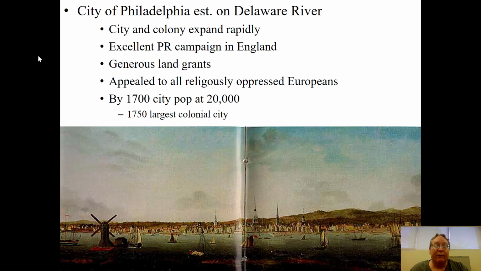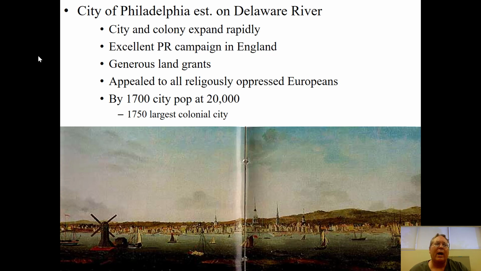So Pennsylvania is the third largest colony. The city of Philadelphia, when it's 20 years old in 1700, is second only to Boston in population. By 1750, Philadelphia is the largest city in English or British North America. It is growing that fast.